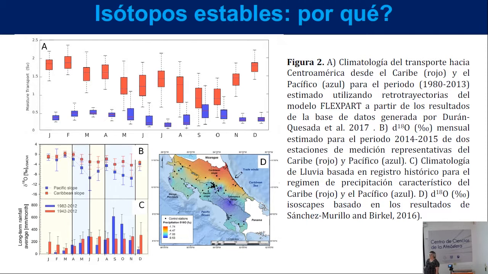This is a validation at a climatological scale, and when we go to monthly or daily series over a longer period of time, the variation is quite high. The image we have here gives us a representation of what is happening at a large scale in the region, so we need to go to another scale.